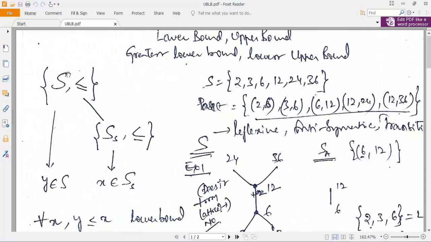Let, for example, S be a poset on the relation less than or equal to, and from this we have drawn a subset, a small subset, over the same relation less than or equal to.